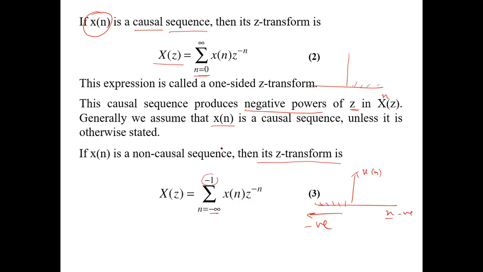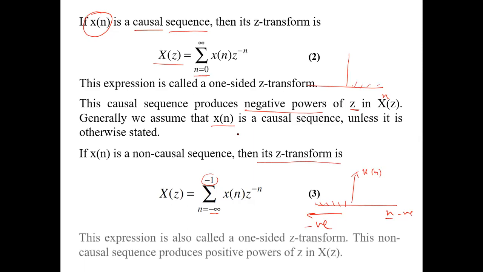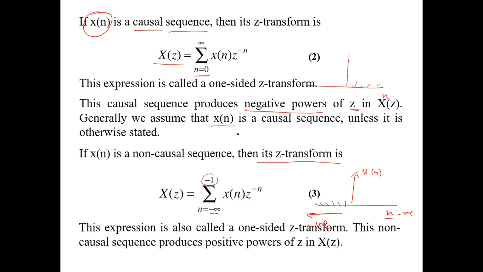So it is an anti-causal or non-causal sequence. It is also one-sided. However, when we take the z-transform of such an anti-causal sequence, it will give us positive powers of z.